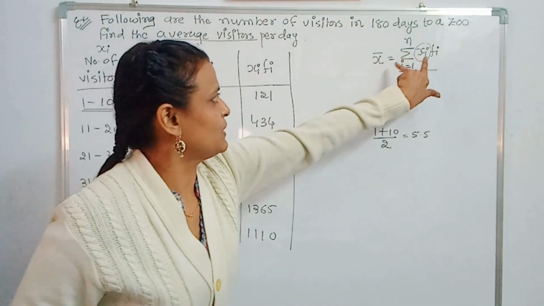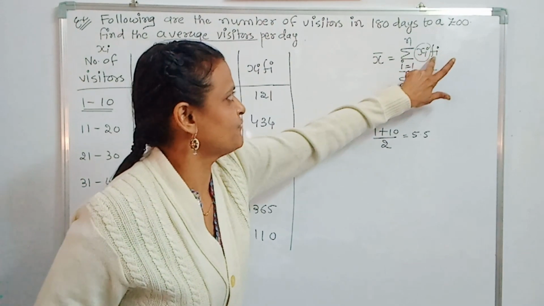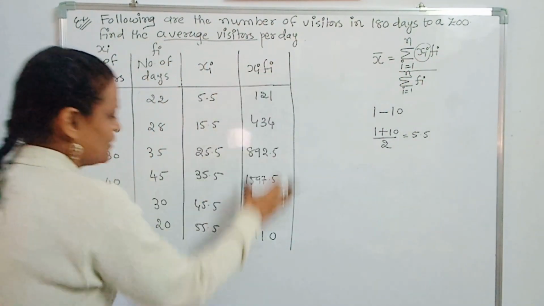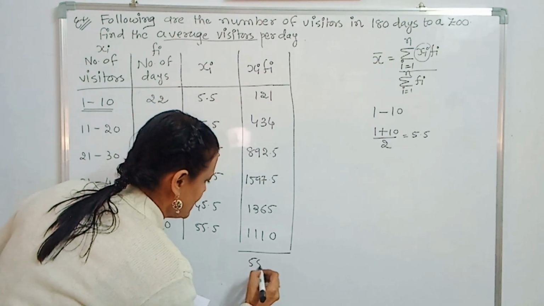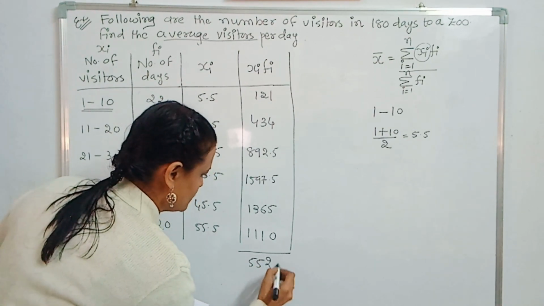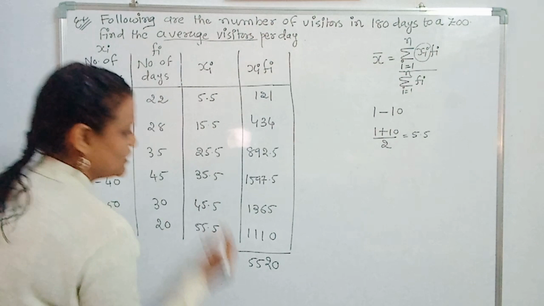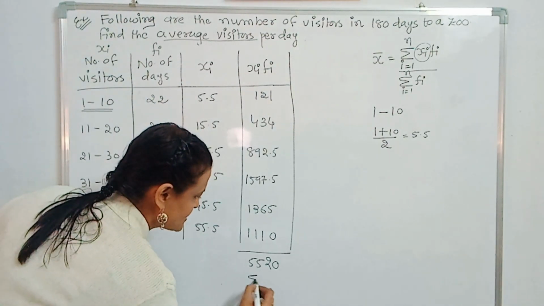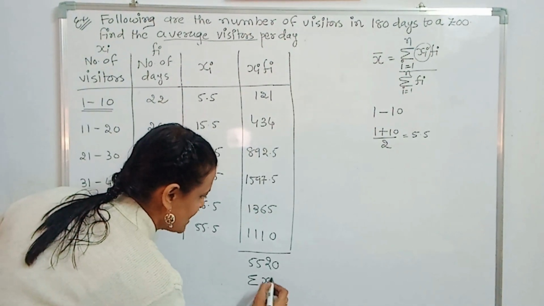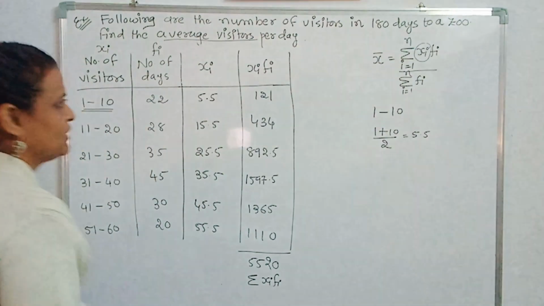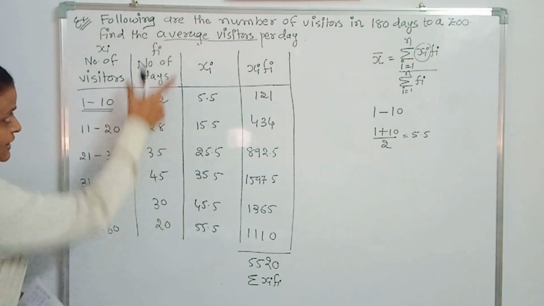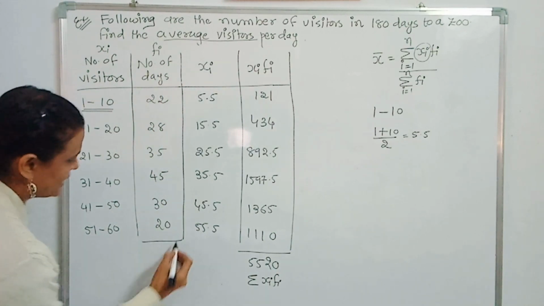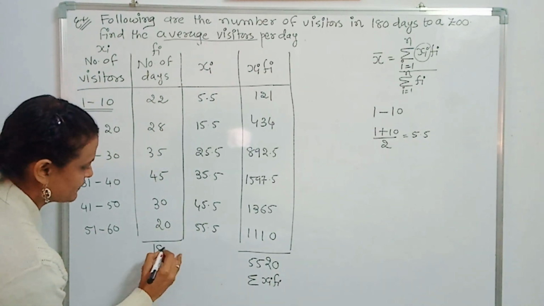See, in this example, we need summation of xi fi. So we need to add all these xi fi values. So we will get 5520 if we add all these values. So this is nothing but summation xi fi. We also require summation fi. So we will add the values of this second column. We will get 180.